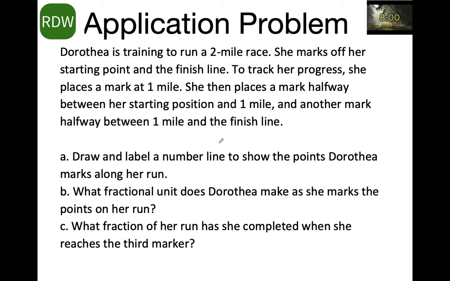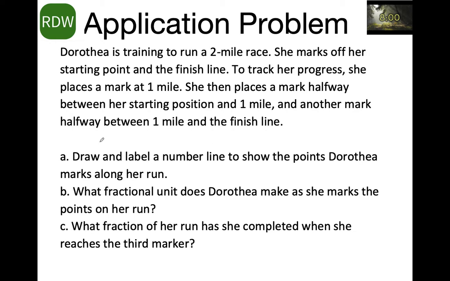Part A: Draw and label a number line to show the points Dorothea marks along her run. Part B: What fractional unit does Dorothea make as she marks the points on her run? Part C: What fraction of her run has she completed when she reaches the 3rd marker?